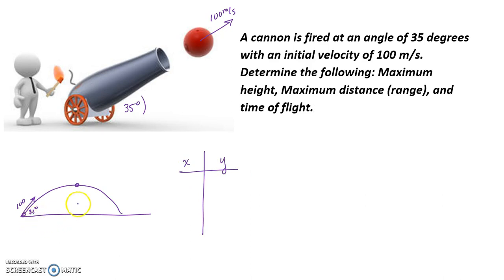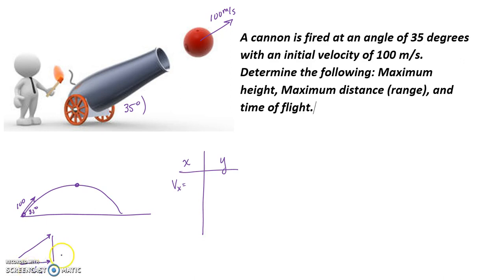Now, the first thing we usually want to know is the velocity in the x-plane. Well, this is at an angle, so I'm going to have to break that up into its components. To break it up in the x-plane I'm going to use cosine, because this really is a triangle that looks like this.